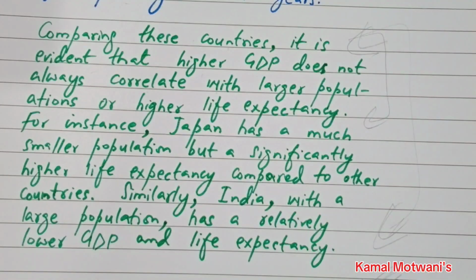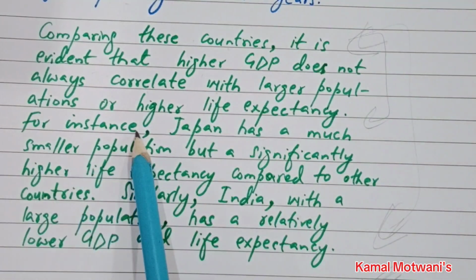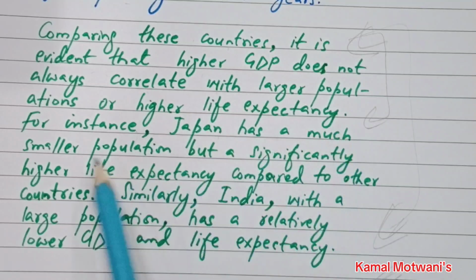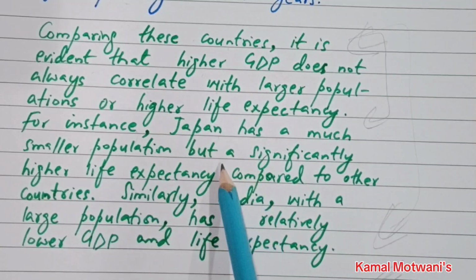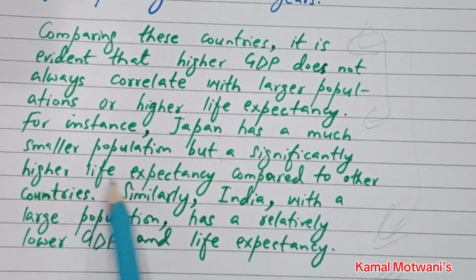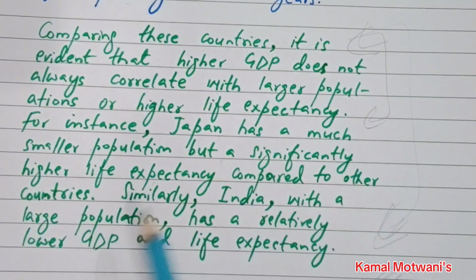So let's read ahead. For instance, Japan has a much smaller population but a significantly higher life expectancy compared to other countries. Let's see how much it is true from the table.